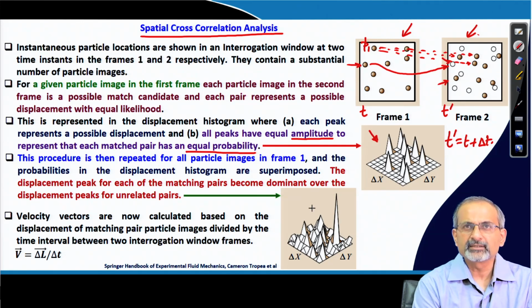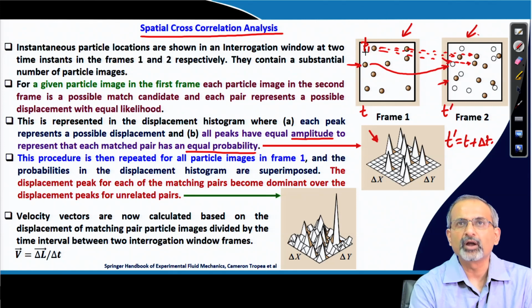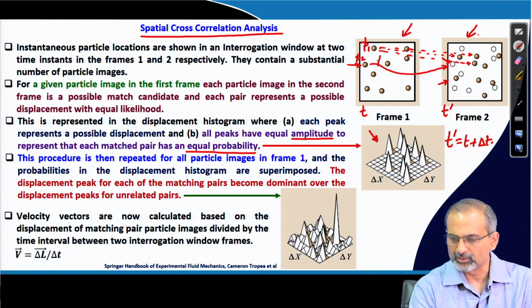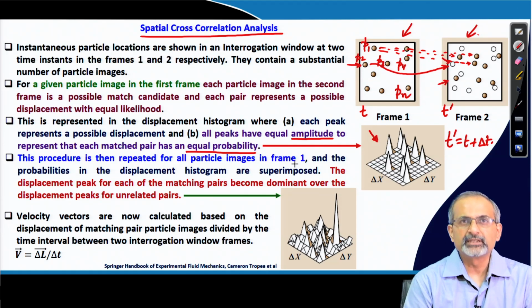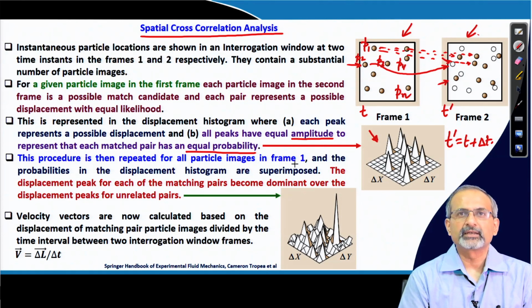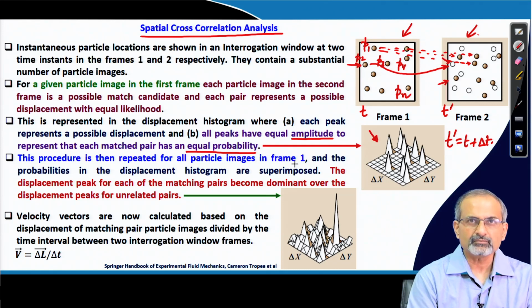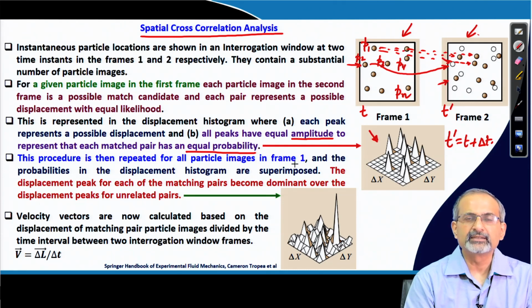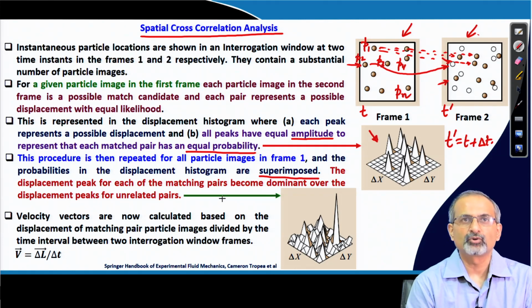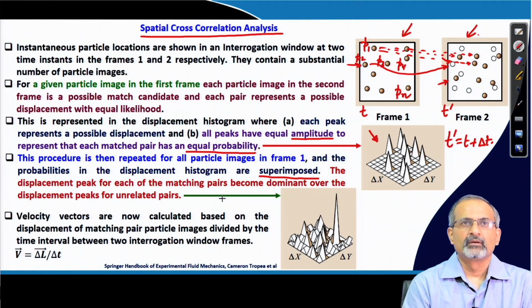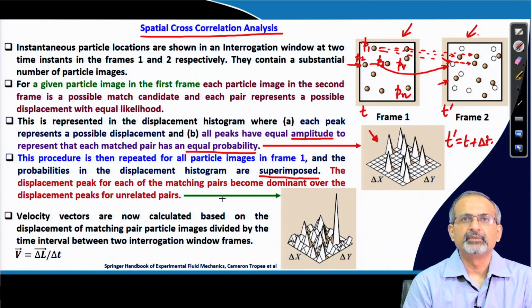Now, this procedure, like we did for the particle P1, can be repeated for all the remaining particles, let us say P2, P3, P4 and up to Pn. Once this procedure is repeated for all the particle images, the probabilities in the displacement histogram are superimposed with all those possibilities being calculated.